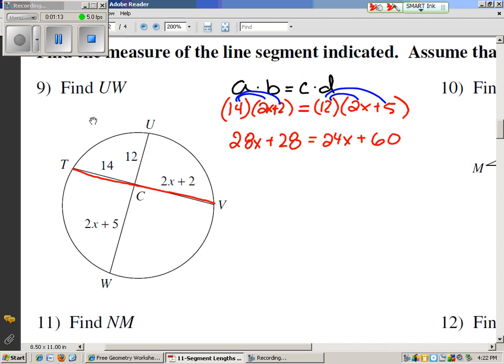All right, subtract 24x from both sides, and this is going to cancel, leaving me 4x over here. Subtract the 28 from both sides, and that's going to leave me, well, 60 minus 20 is 40, minus 8 more would be 32. So that's going to be 4x equals 32. Divide by 4, and I get x equals 8.